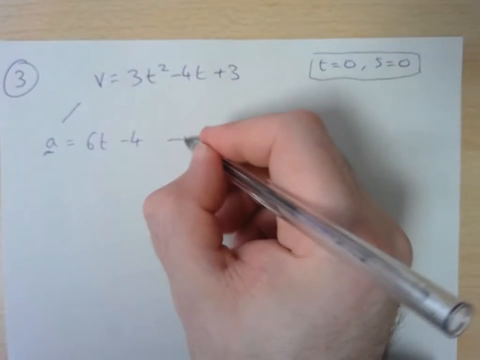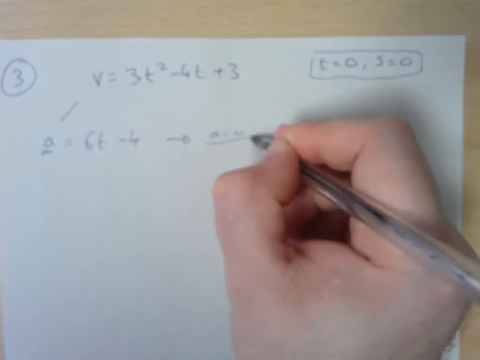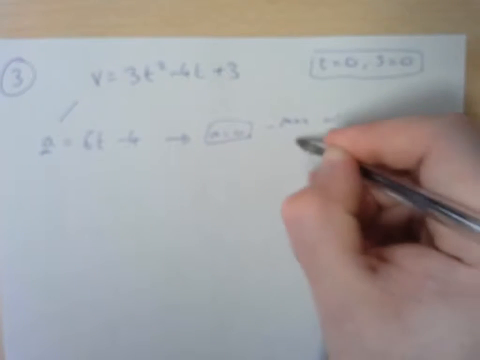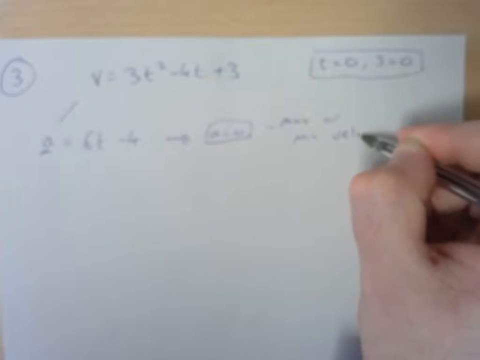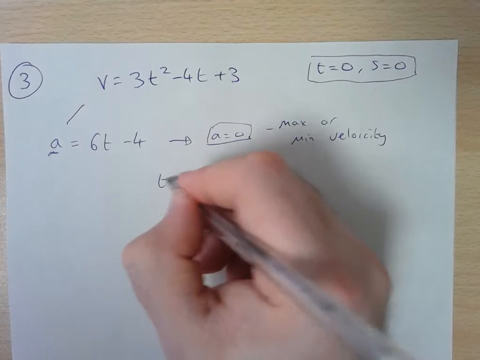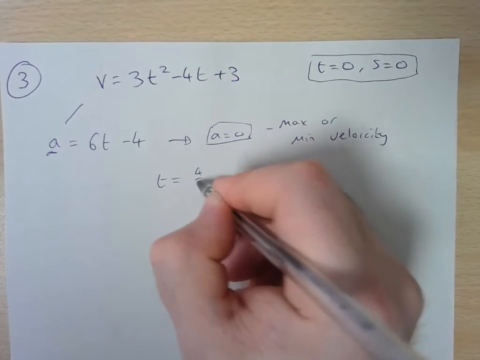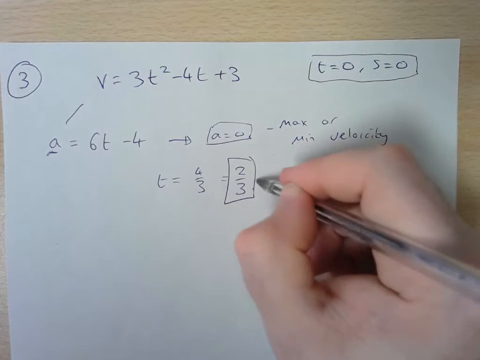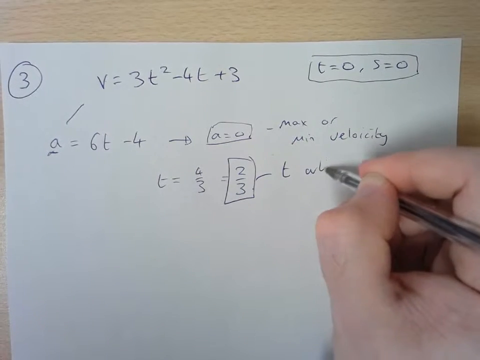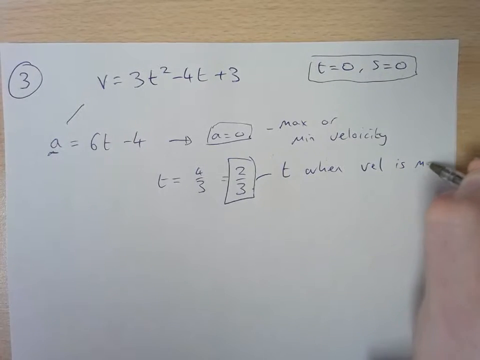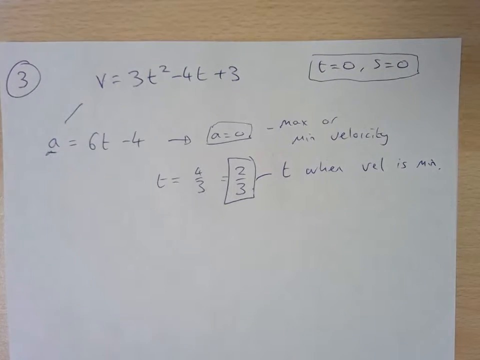If this is 0, this is the condition for a maximum or minimum velocity. So this is going to give us that t equals 4 over 6, which is 2/3. So this is our value of t when velocity is a minimum. So we're going to use that later on.